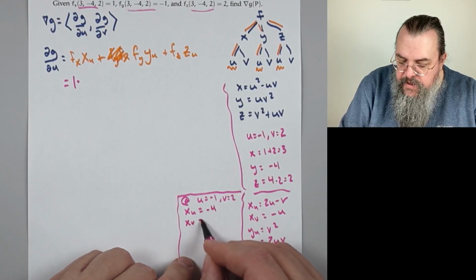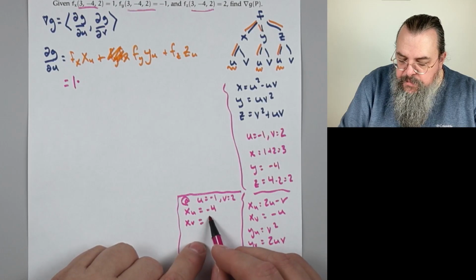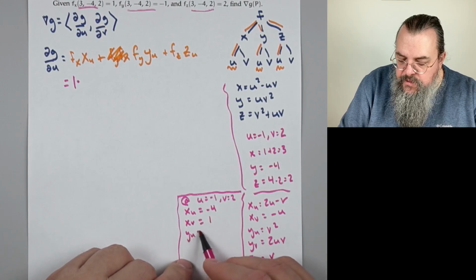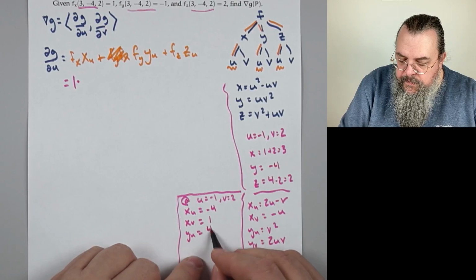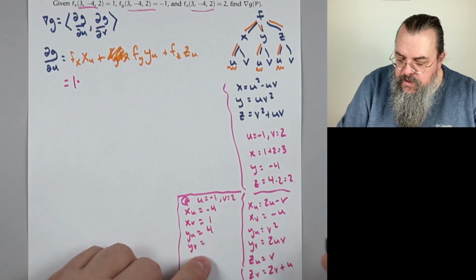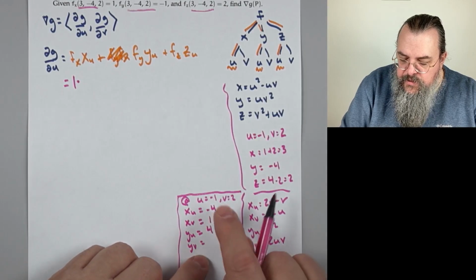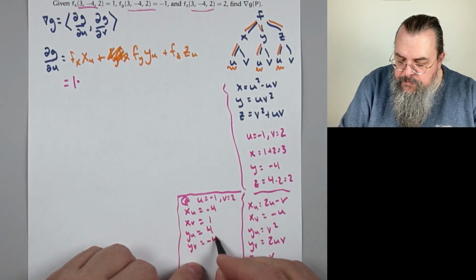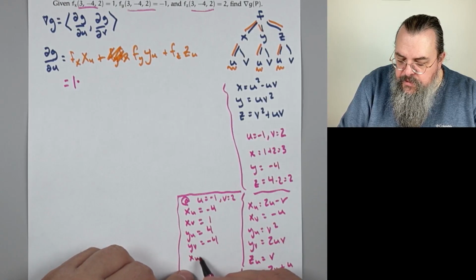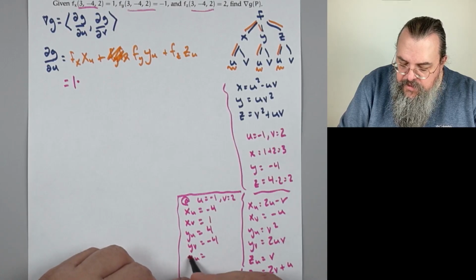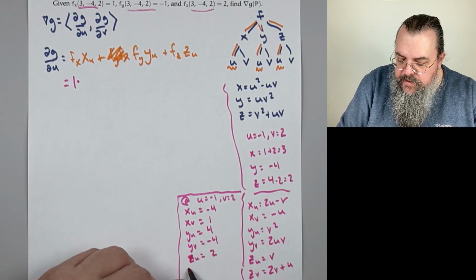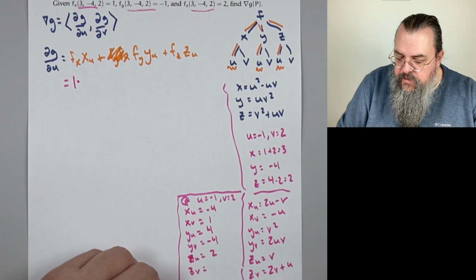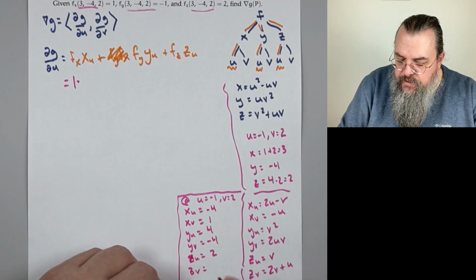X sub v, minus 1, is plus 1. Y sub u, v squared, becomes 4. Y sub v is 2 times u times v, so 2 times minus 1 times 2 is minus 4. Z sub u is v, which is 2. And z sub v is 2 times v, which is 4, plus u, which is minus 1, makes 3.